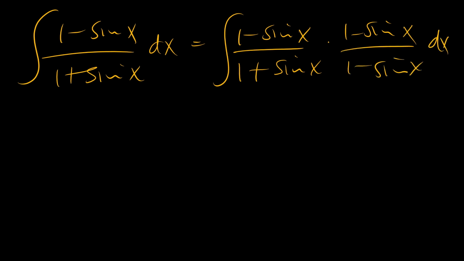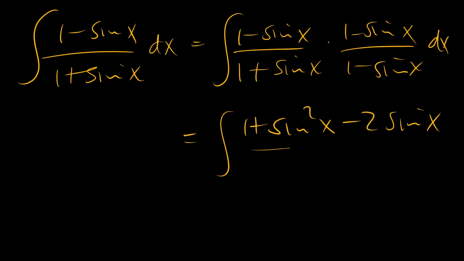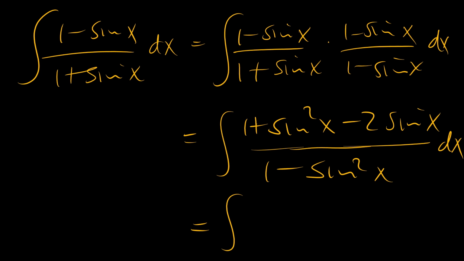And so you get 1 minus 2 sine x plus sine squared x over 1 minus sine squared x. Let's just confirm, yes, so that it is. And 1 minus sine squared x is the same as cosine squared x, so we're just going to replace that.